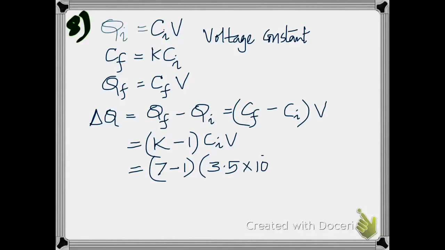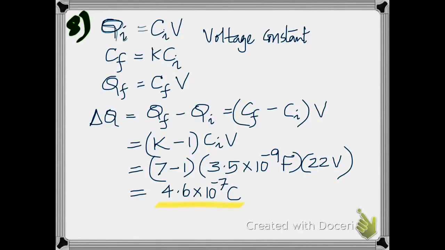Dielectric constant is 7, and it's a 3500 picofarad, which is actually 3.5 times 10 to the negative 9 farad. So you see that the additional charge that flows is 4.6 times 10 to the negative 7 coulomb.